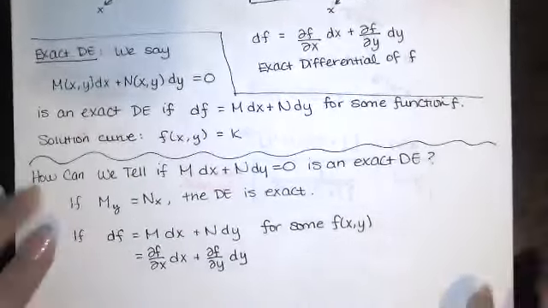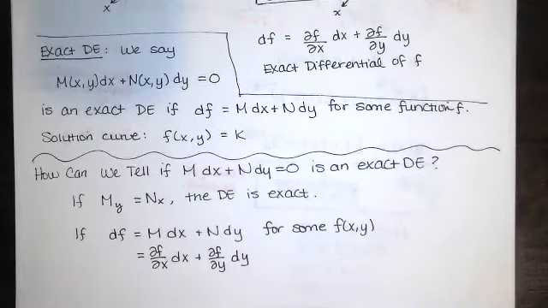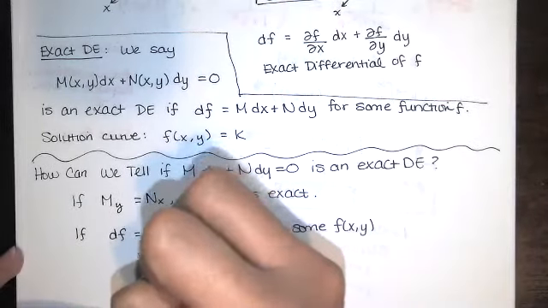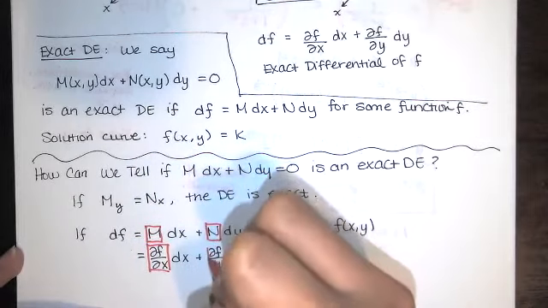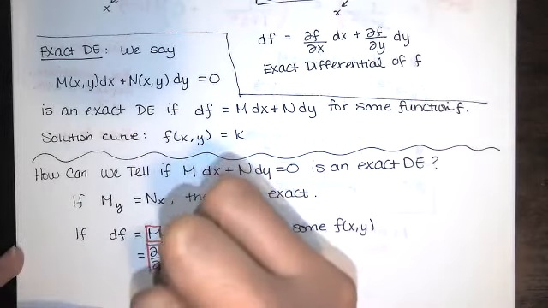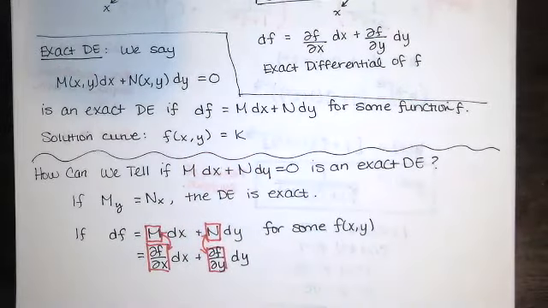So the only way that this is an exact differential is if M is equal to the partial of f with respect to x and N is equal to the partial of f with respect to y. If those are equal, then we're dealing with an exact differential.